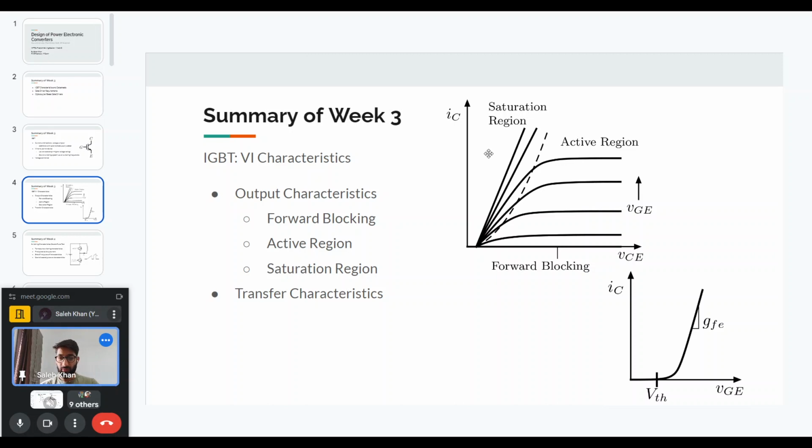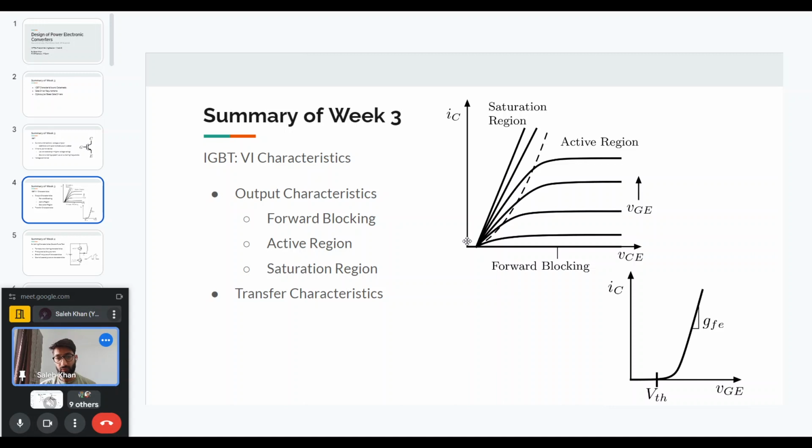But a major functional change is that there is actually a constant voltage drop in the IGBT, which is not there in the MOSFET. The MOSFET only has an RDS, but an IGBT has a constant voltage drop, and then it will also have this linear slope.